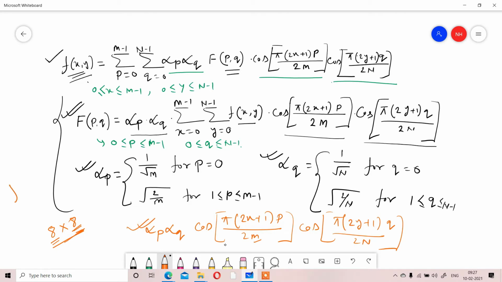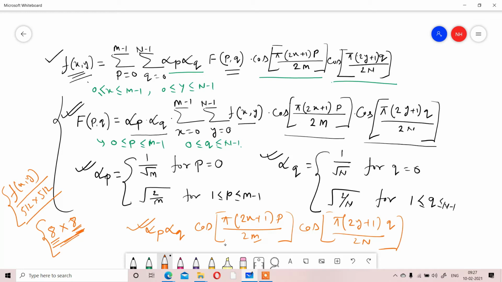So obviously fxy, that is your input image, need not be of size 8 cross 8. That size may be anything, suppose 512 cross 512. So you have a 512 cross 512 matrix, and with respect to that you have a transformation matrix of 8 cross 8.